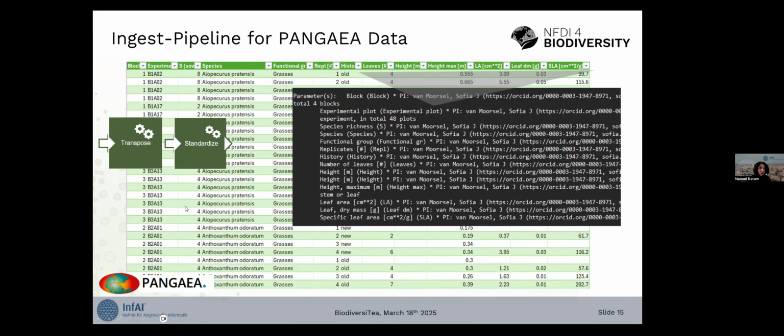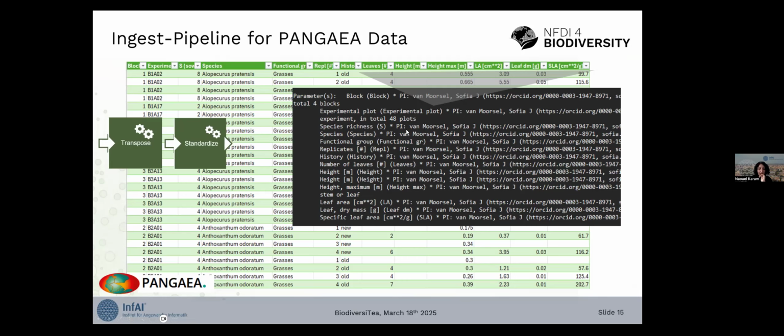So now I show how we use the ingestion pipeline for PANGAEA data. PANGAEA data has a typical structure for trait data, which means that the traits are in the column names. For instance, here for number of leaves, height, and so on.